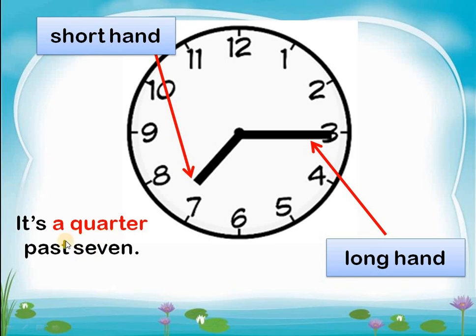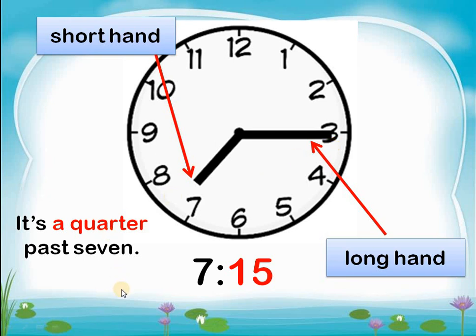A quarter, 15 minutes, past 7. Murid-murid cuma ingat saja a quarter, maksudnya 15 minit, dan jarum panjang ini ataupun long hand dia tunjuk dekat nombor 3. The long hand is pointing at 3.